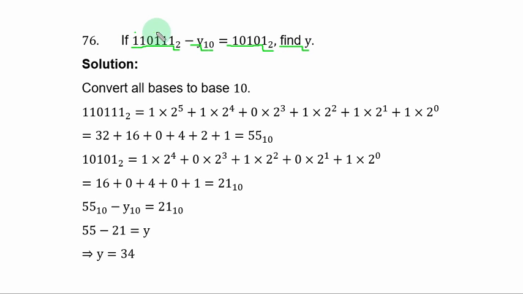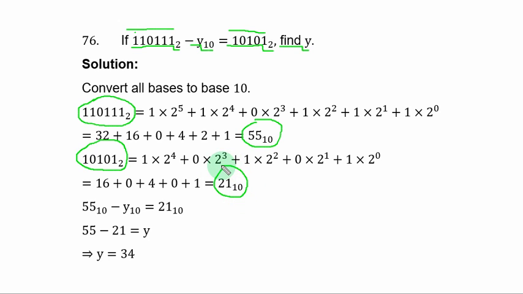You convert this number and the right hand side to base 10, and the approach is continuous multiplication by power expansion. So you convert this to base 10. Following the discussion in lesson 2, you have 55 base 10. The right hand side, you convert it to base 10 also, and you have 21 base 10.